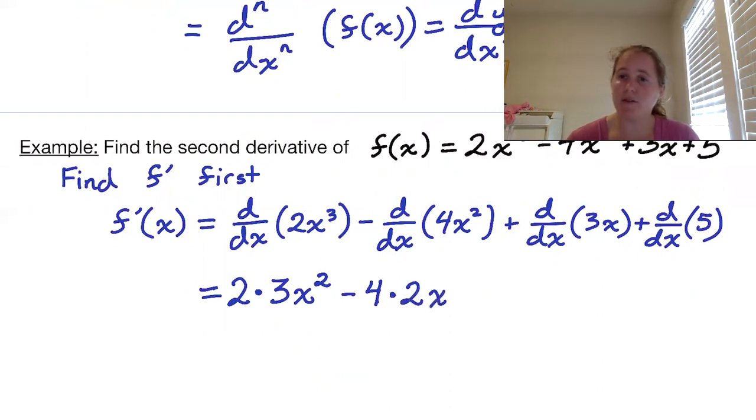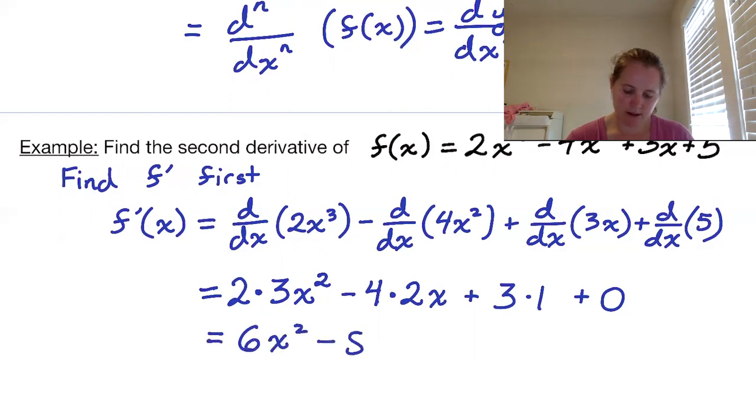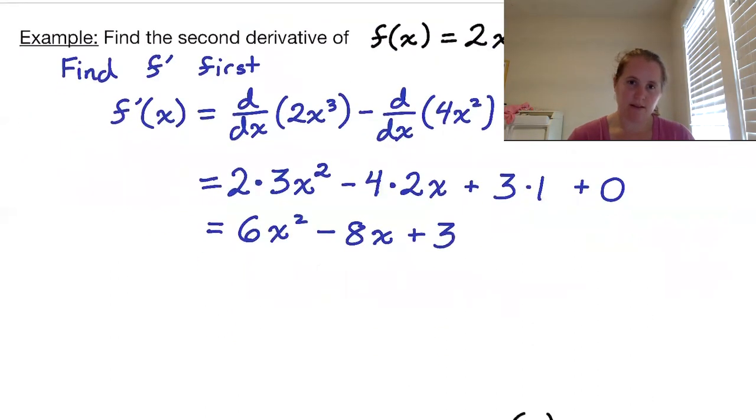Pull the power out, drop the power by 1. Then we have plus 3 times 1. And then plus 0. So our first derivative winds up giving us 6x squared minus 8x plus 3. So this is f prime of x. Now we will find the second derivative.